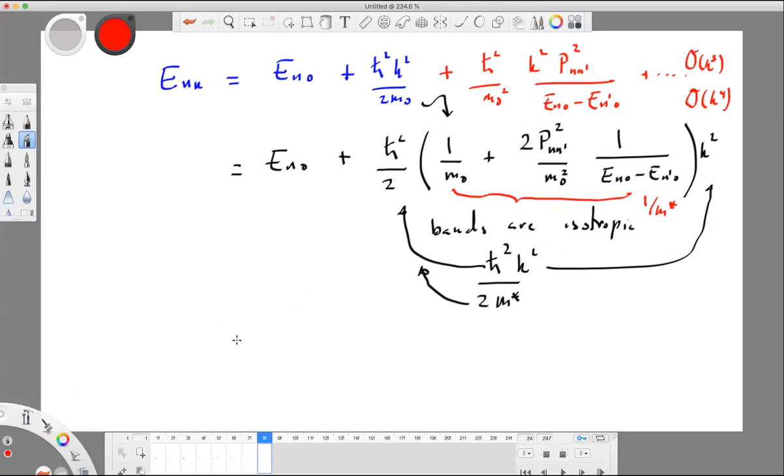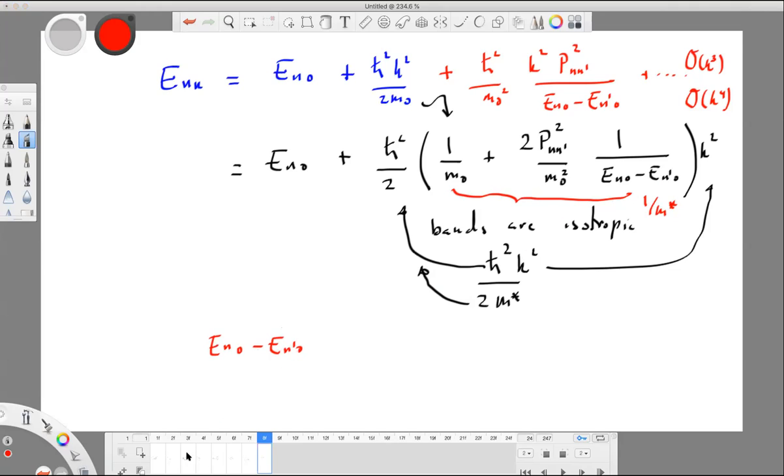Let's see. I don't think it's worthwhile to express it, but note this difference, and this is a feature that I should point out: E_n0 minus E_n'0, where this is going to be the band index at the zero point.